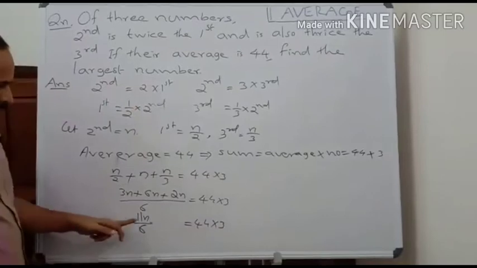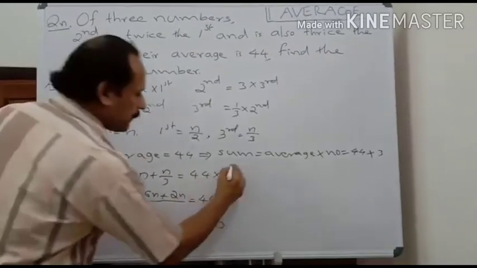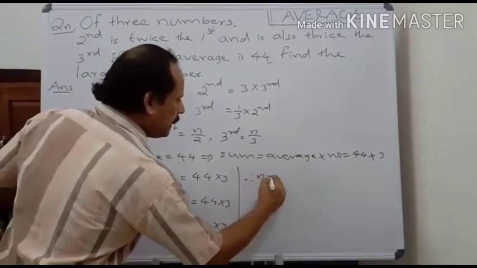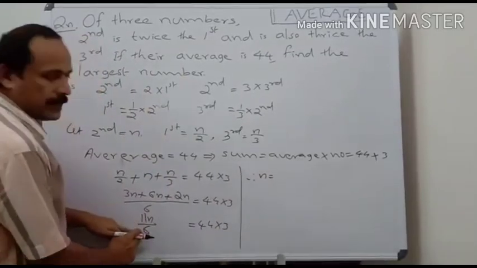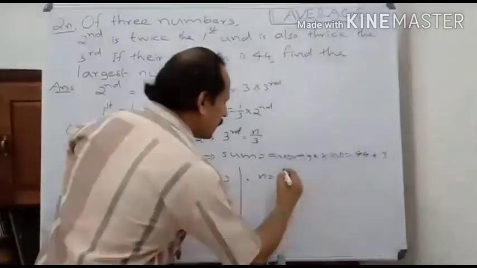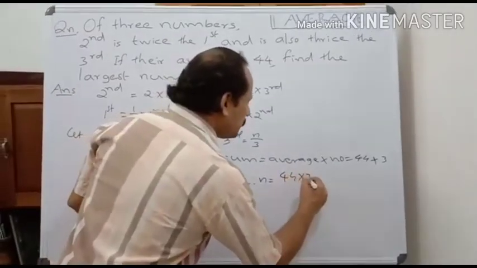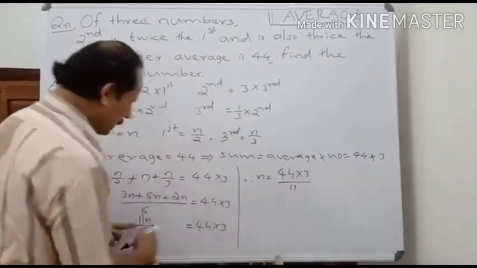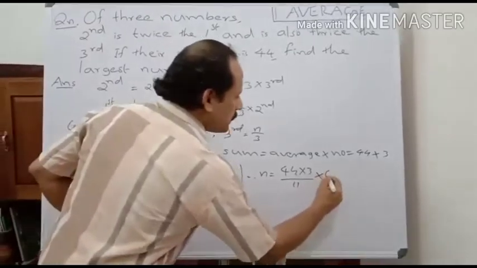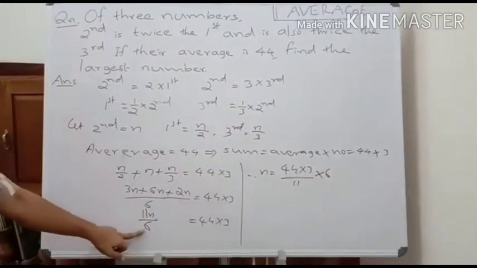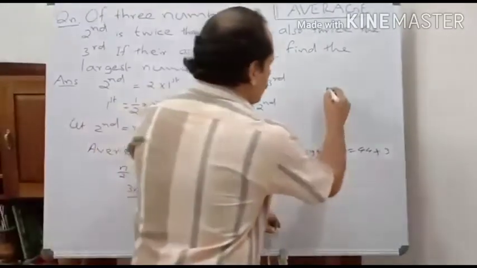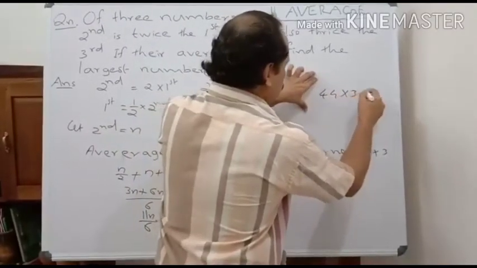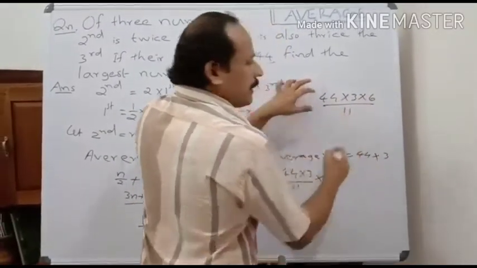And we need n. Therefore, n equals, take 11 by 6 to the right side, then we have 44 into 3, and 11 goes to the denominator and 6 goes to the numerator. Then simplify 44 into 3 into 6 by 11.